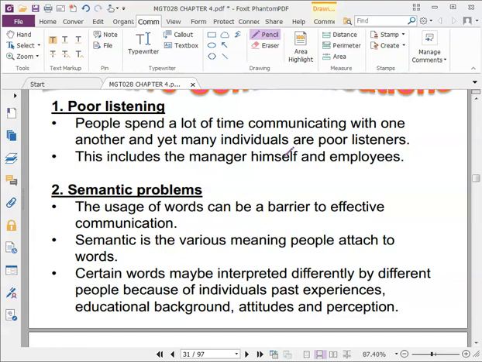Apa benda trending tu? Twitter tu apa? Benda-benda tu lah yang menyebabkan semantic problem. Okay, dia akan menjadi barrier kepada good communication.